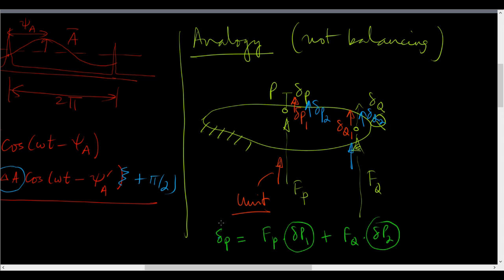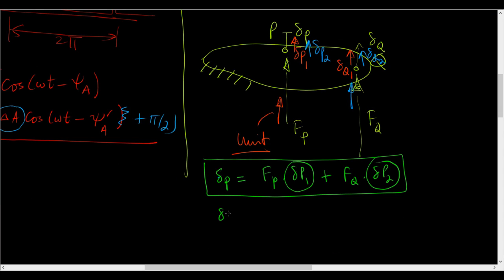Okay, so this is one equation, and I will also have another equation which is delta Q is equal to Fp times delta Q1, because due to this Fp I will have this displacement delta Q1, plus Fq times delta Q2.